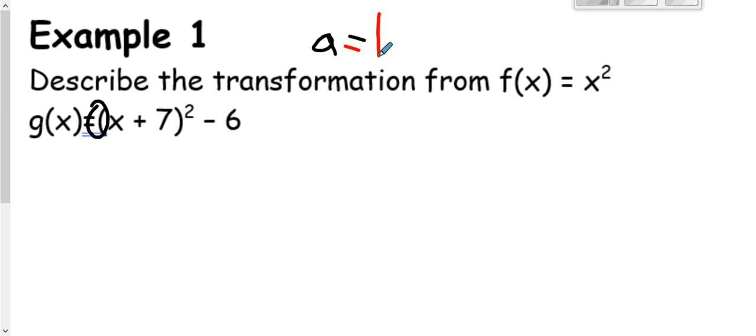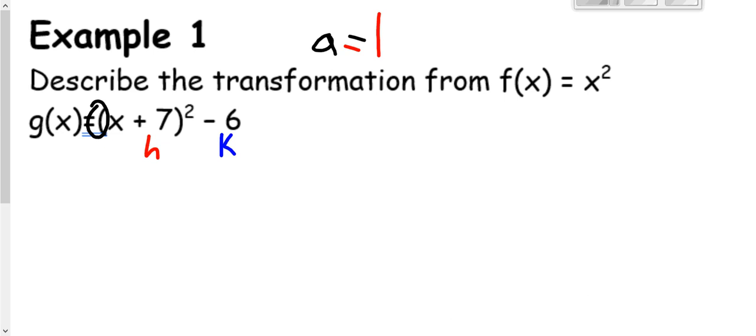No idea why my colors changed. But A is 1, and that's normal. So there's no transformation there. So I don't have to worry about a vertical stretch or compression or a reflection. So let's go look at our H and K values. So this would be your H value, and here would be your K value.